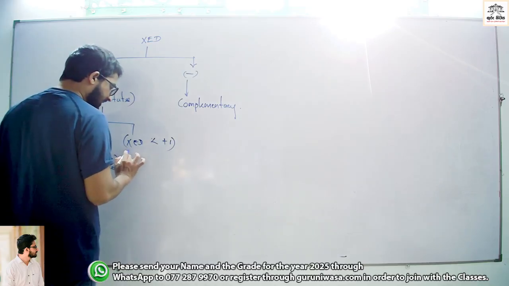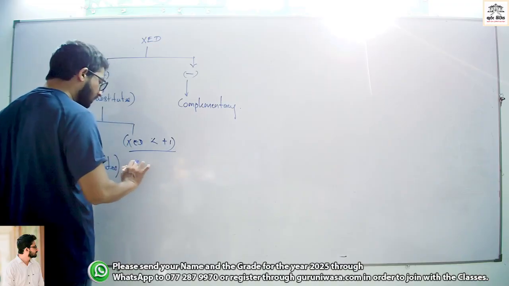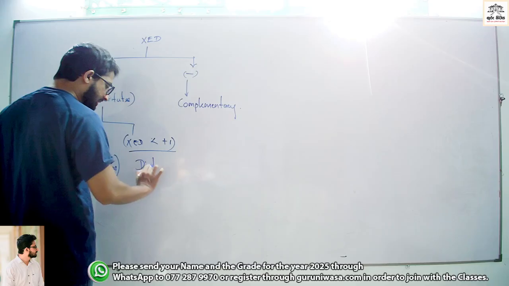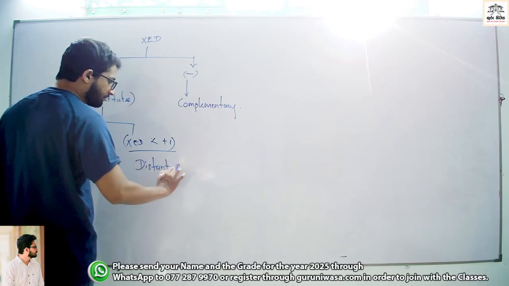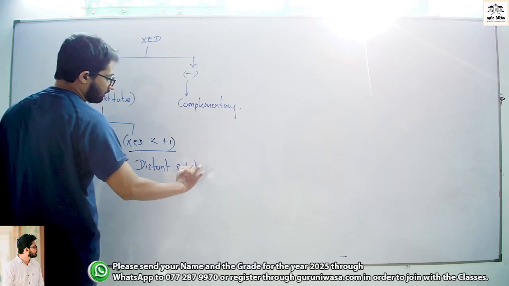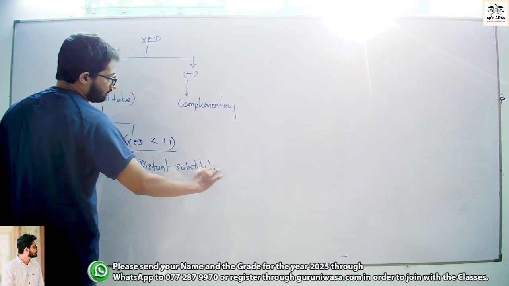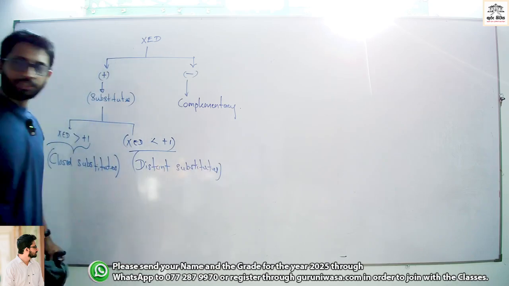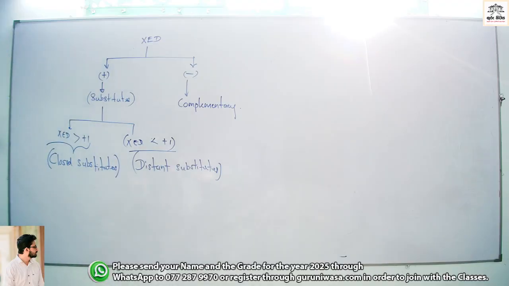If XCD is less than 1, the products are called distant substitutes. Clear?